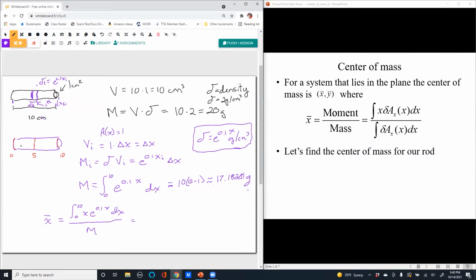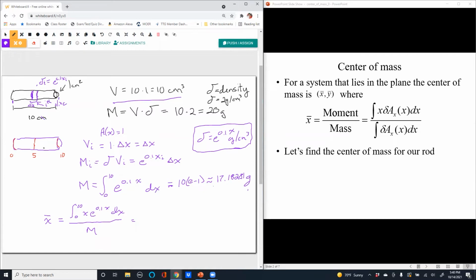So think about, is the density going to be bigger to the left of 5 or to the right of 5? Or is it going to be the same? If the density is the same on both sides, the center is in the middle. Just like our first example, if the density is constant, the center of mass is right in the middle of the rod. Now we don't have a constant density, so I kind of gave away that it's not at 5.